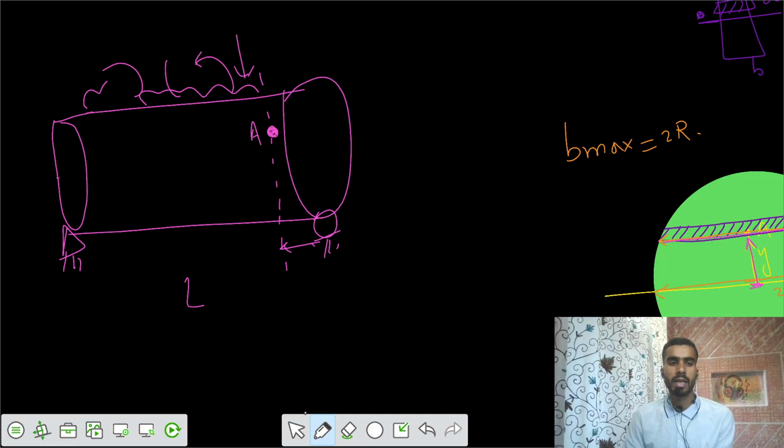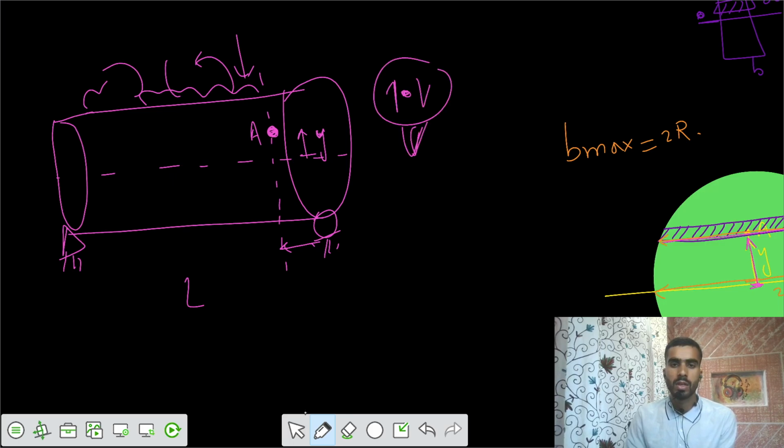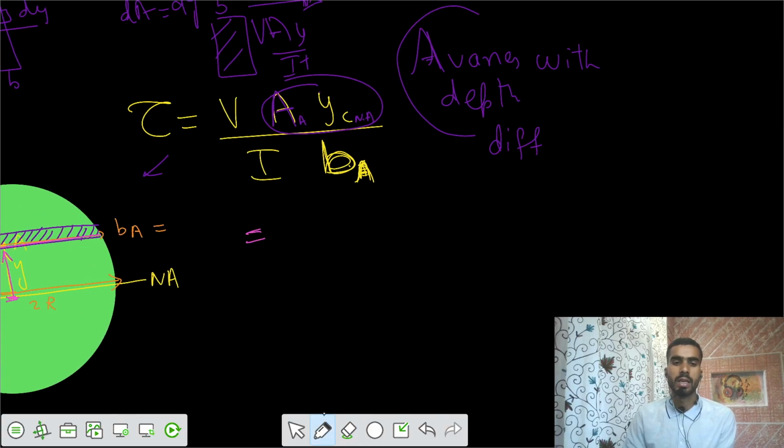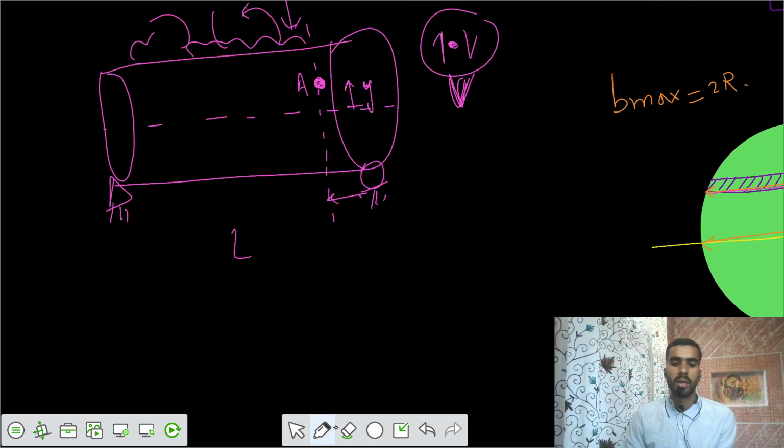For that you need to take the neutral axis, and point A at a distance of y from it. Let's say the shear force at that point A equals V.